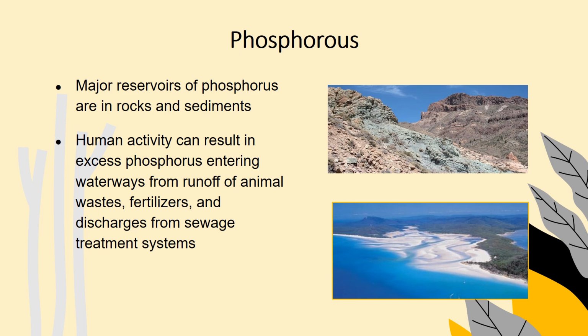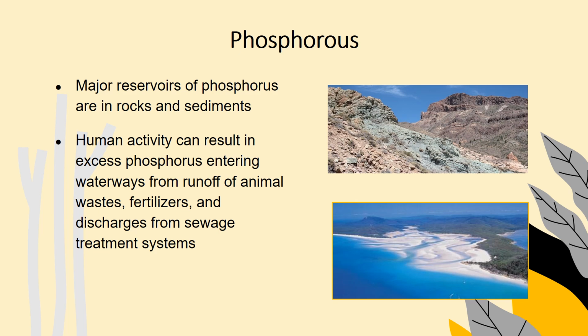So with phosphorus being locked up in these rocks and sediments, like I said, we can mine them and create fertilizers from them and other products, of course. And human activity unlocking that phosphorus from its reservoirs can result in a lot of phosphorus entering our waterways.